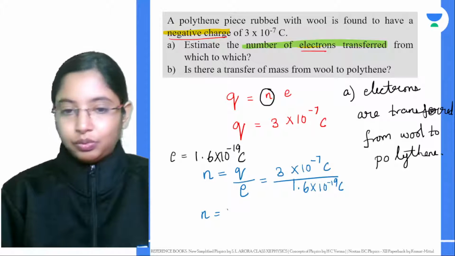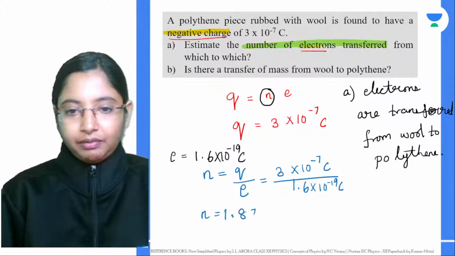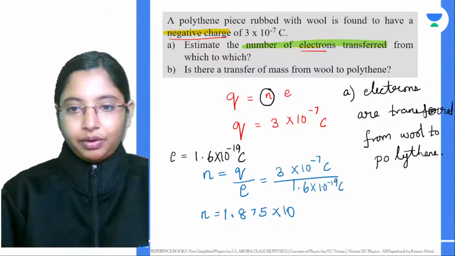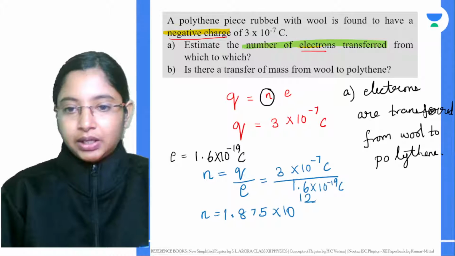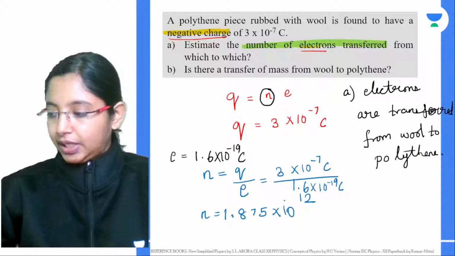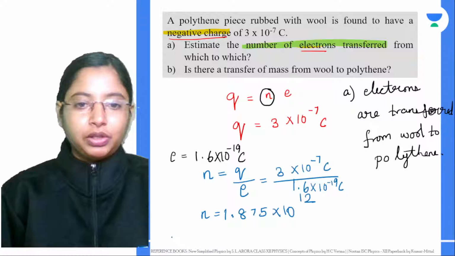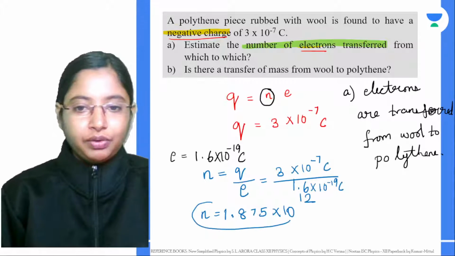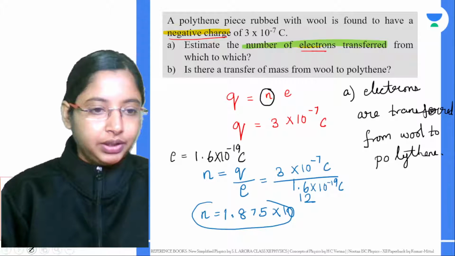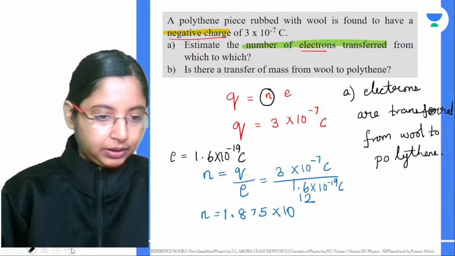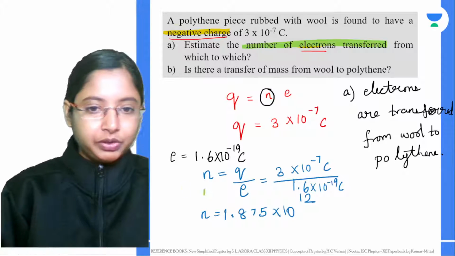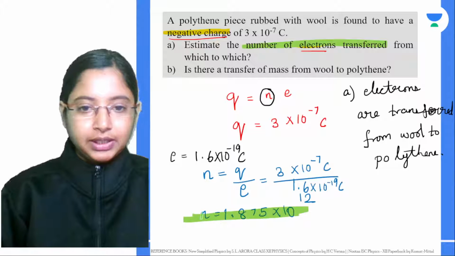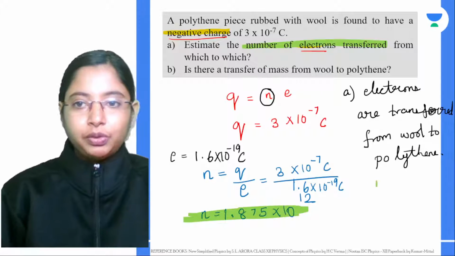That is around 1.875 into 10 to the power of, minus 7 goes on top, so plus 12, right? So that many electrons have been transferred from wool to polythene.